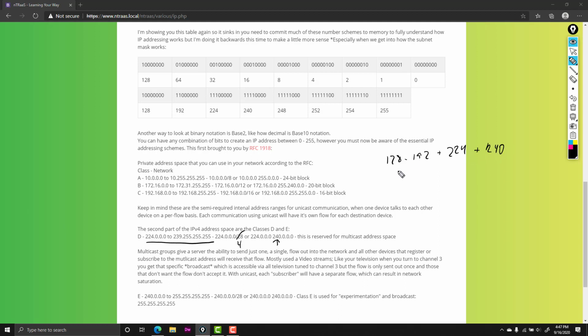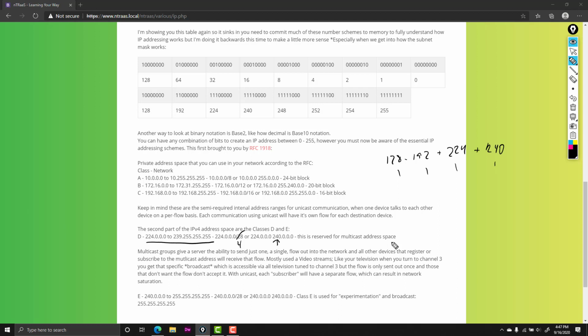This gets us our 4 borrowed bits, or 240. 1, 2, 3, 4. Like I said, this is reserved for multicast address space only, and you wouldn't use this for any device addressing or unicast communication.